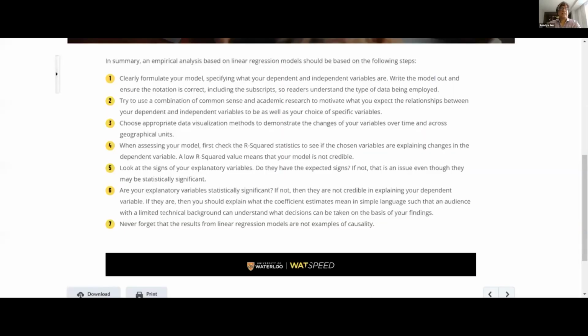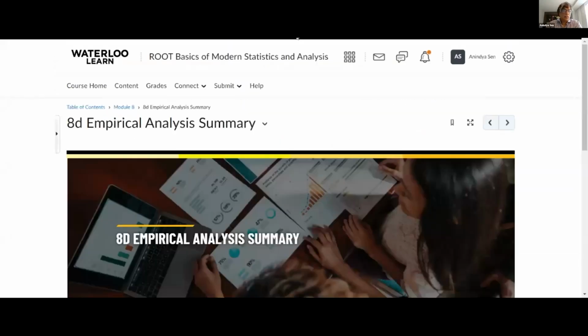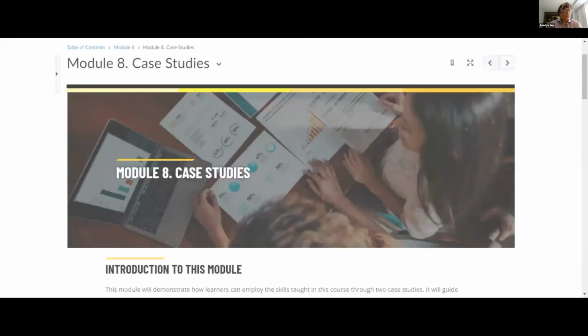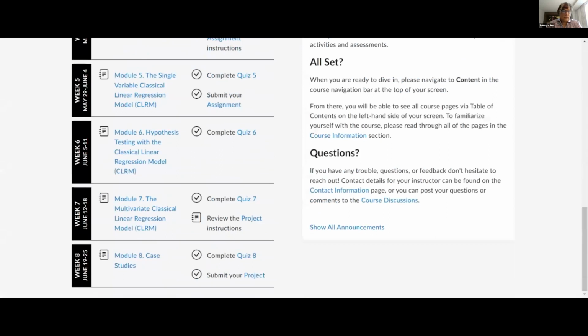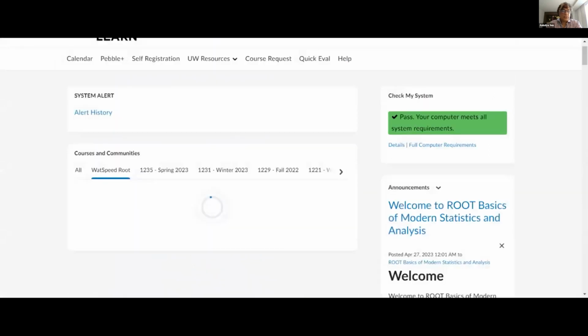Okay, so what I would like to do now is go on to models with binary variables. So for that, I will go back to my Learn site and go on now to the third course.